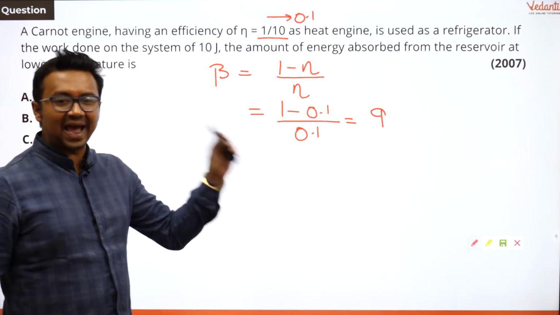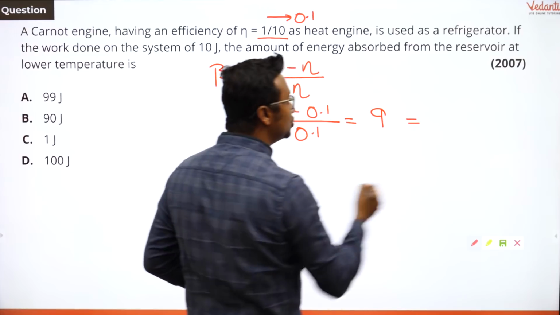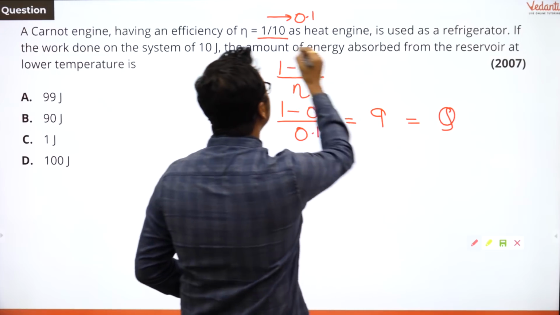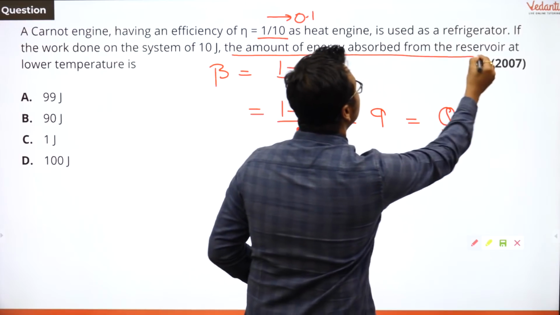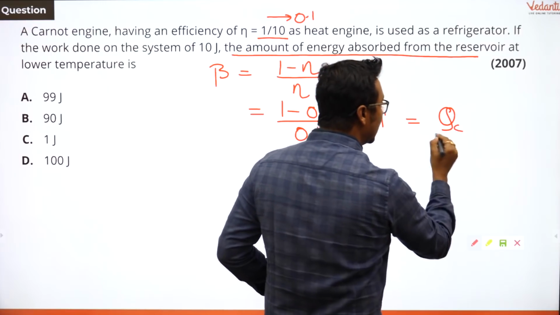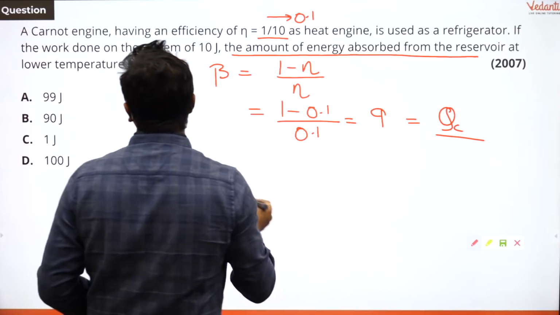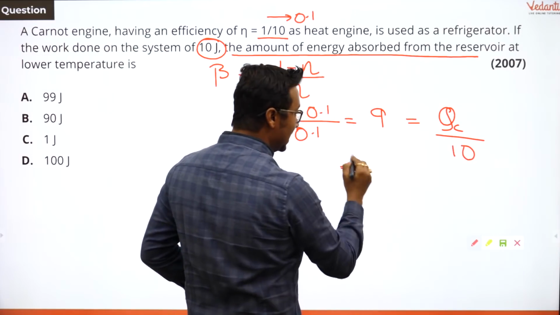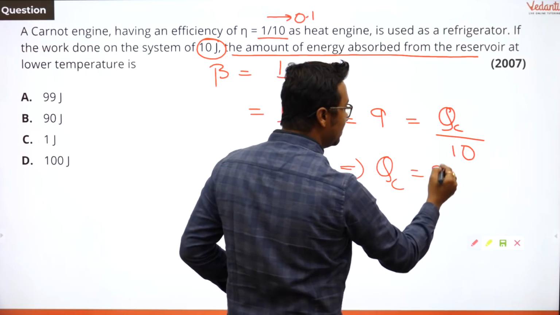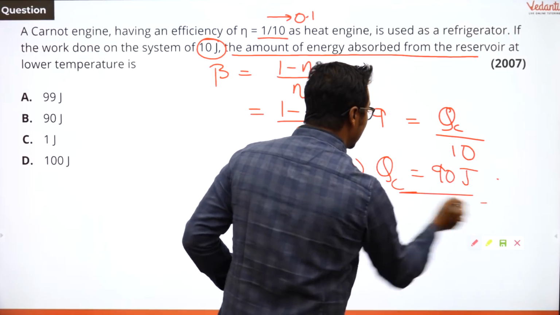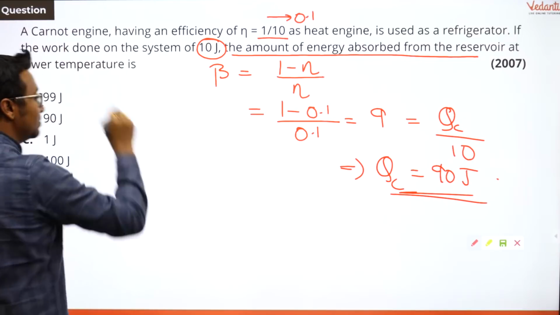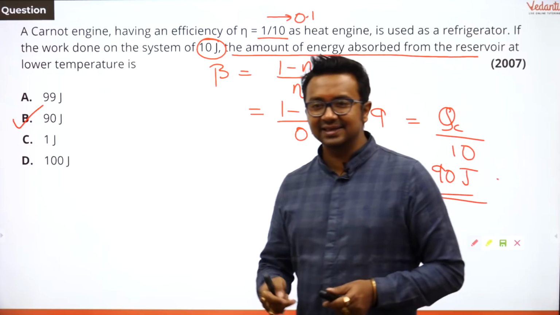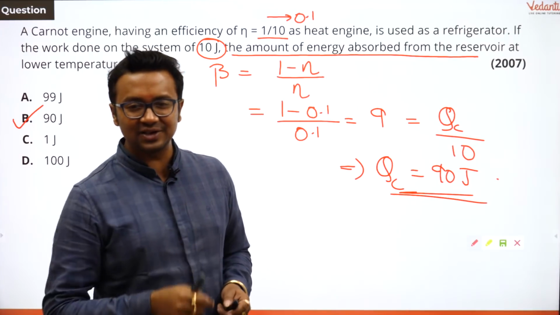Coefficient of performance is equal to the amount of heat extracted, which is being asked, the amount of energy absorbed from the reservoir, divided by the amount of work done, which is 10 joules. Then, my dear students, the amount of heat extracted will be equal to 90 joules. This is my answer. Option B is the correct answer. All right students, I hope everybody gets that. Let's move ahead to our next question.